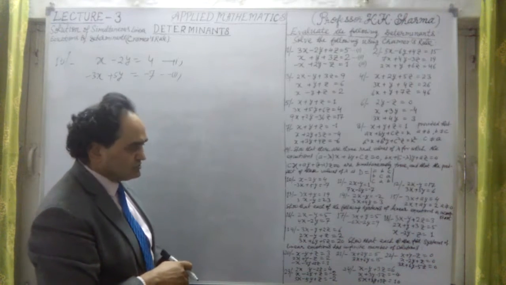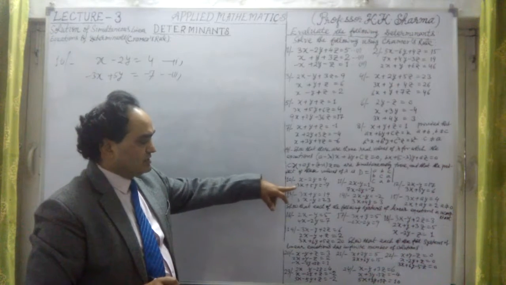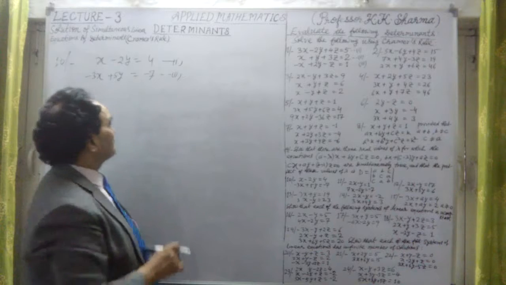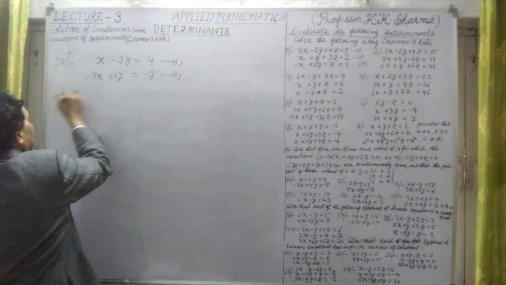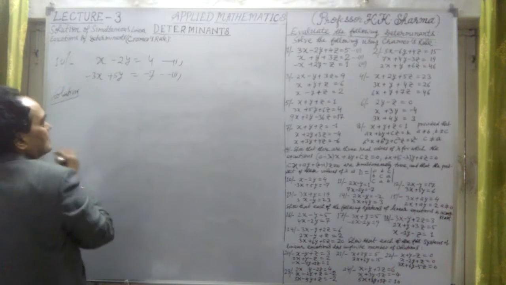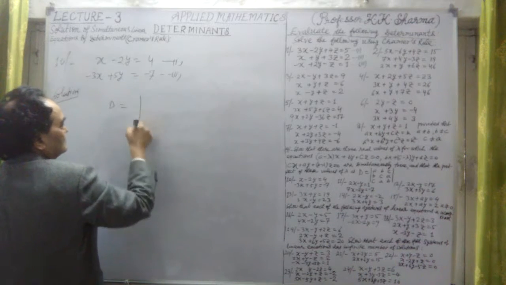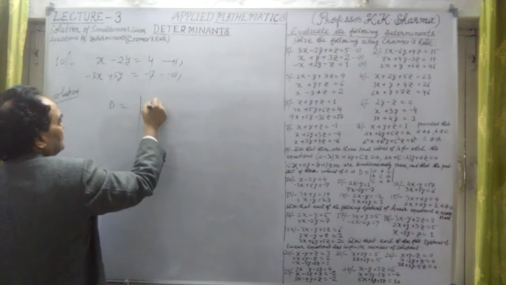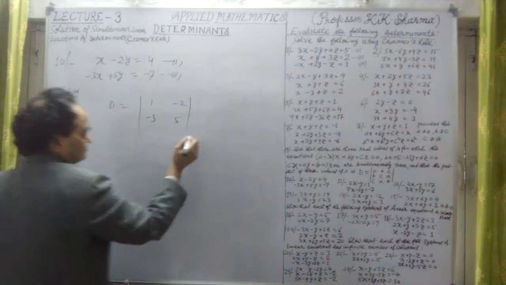Solving these equations with the help of determinants, by Cramer's rule. First, we find the value of the D determinant. The coefficients of x are 1 and minus 3, and of y are minus 2 and 5.